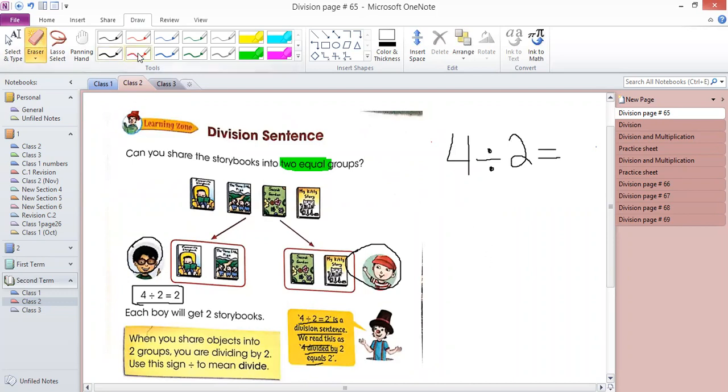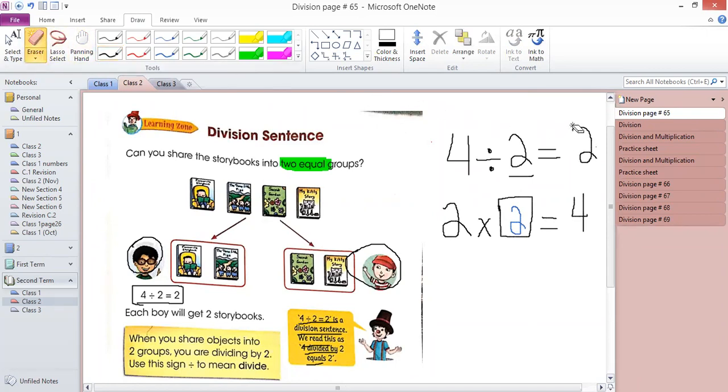In order to find out the answer, you can check the table of 2. 2 multiplied by what number will give you 4? So 2 by 1, 2. 2 by 2 equals to 4. Because 2 by 2 is equals to 4, that's why 4 divided by 2 is equals to 2.